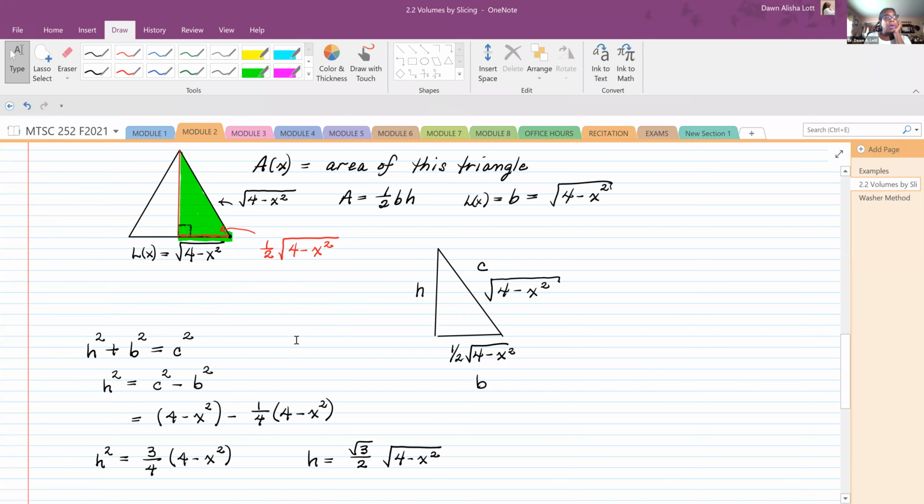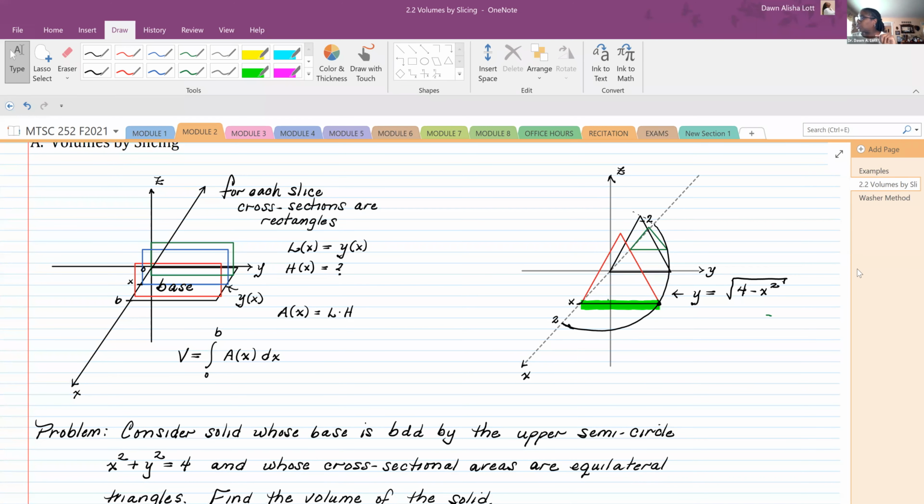Okay, so right here, we needed to find the area of the whole triangle, which is what we needed for this problem. Because in this problem, each one of the cross-sectional areas is a triangle. So you have to know what the area of each cross-sectional area is.